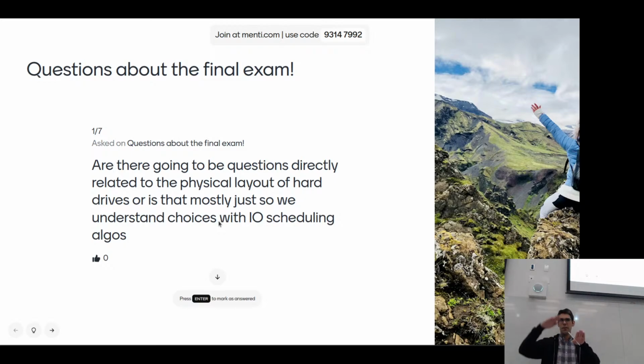All of the sectors that are in the cylinder that are contiguously next to that are going to be next to it. So this is, I guess, more tending toward the understanding choices with I/O scheduling algorithms as opposed to just recall questions about the physical layout of a hard drive.